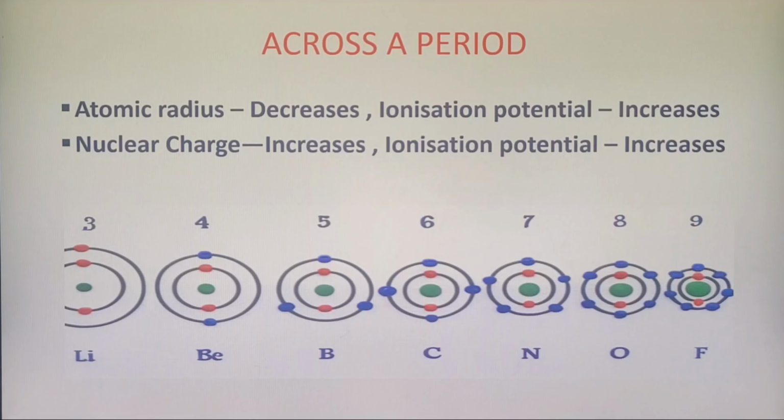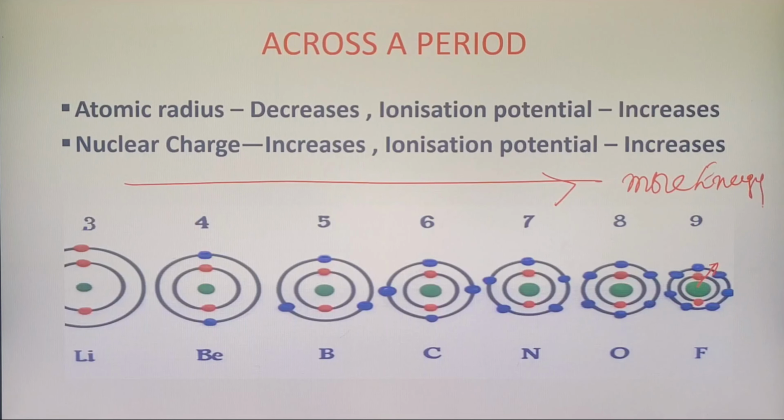So as you know, from left to right, the atomic size is decreasing. As it decreases, it is closer to the nucleus, and so I have to apply more energy to remove an electron. The more the energy, the more the ionization energy, or we can call it the more the ionization potential.